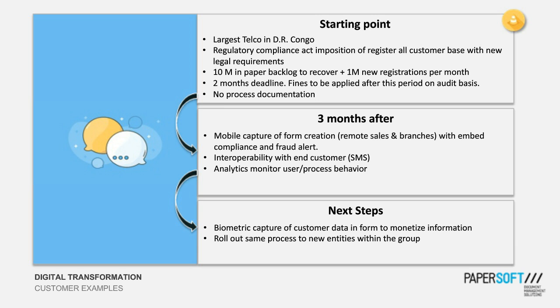Three months after we had resolved this issue, we were working on a different framework. We started to roll out mobile technology to generate the electronic form within the sales agent itself.